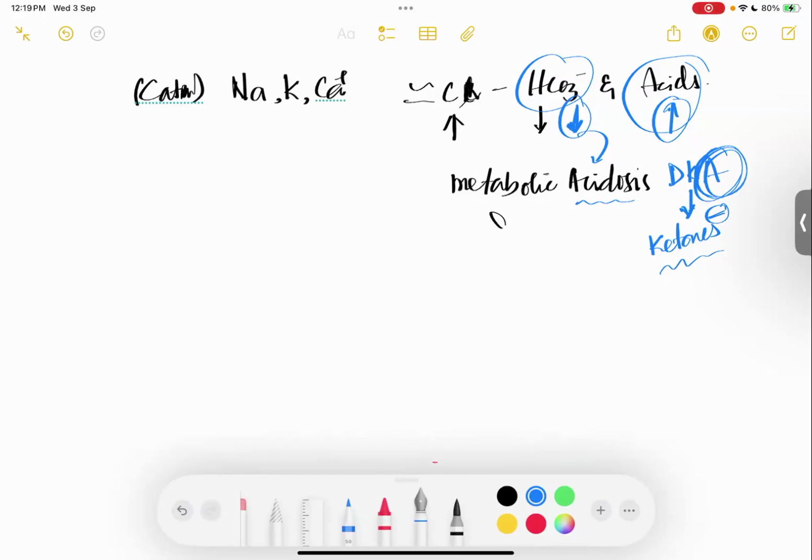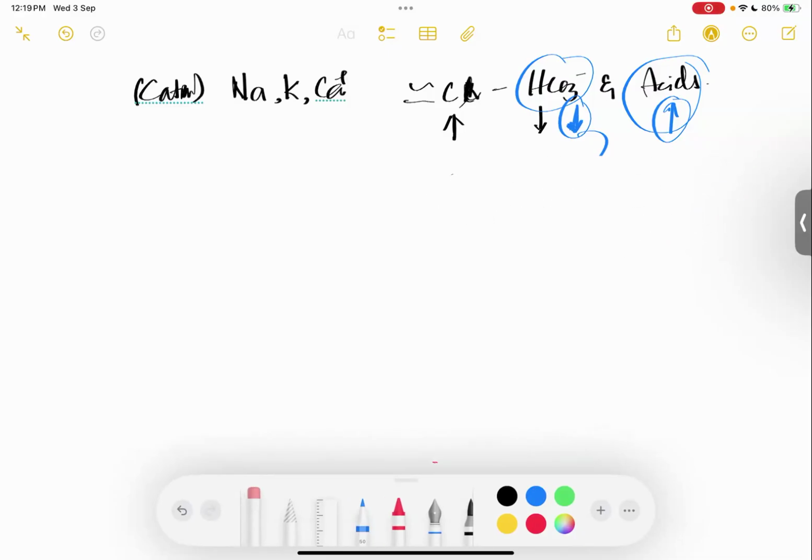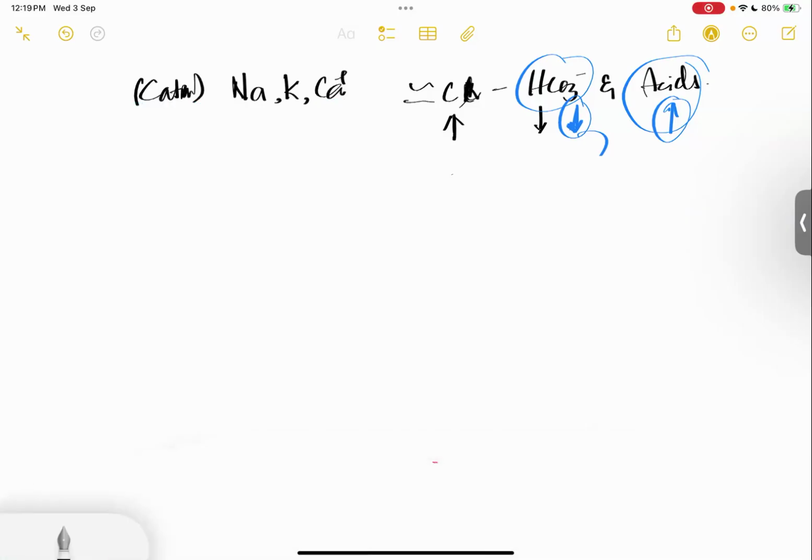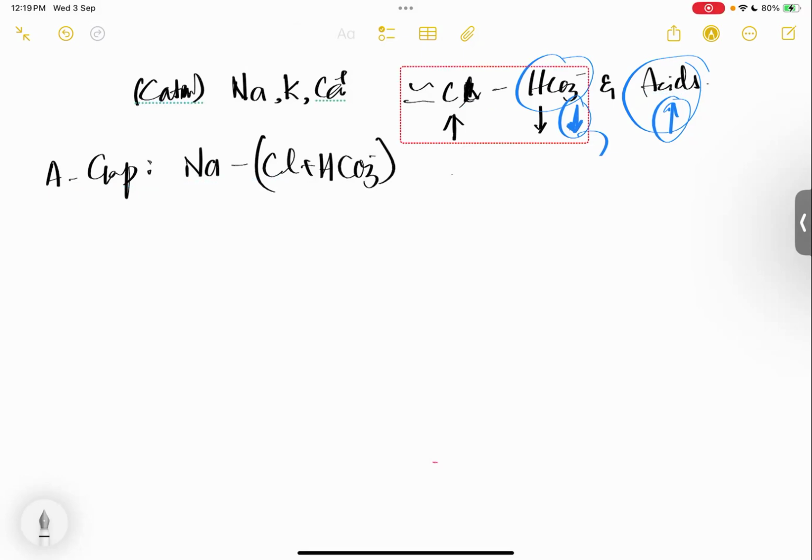Now tell me, we are talking about anion gap, right? For some time we have talked about anion gap: sodium minus chloride plus bicarb. So in blood we have these, and also we have other acids, okay?